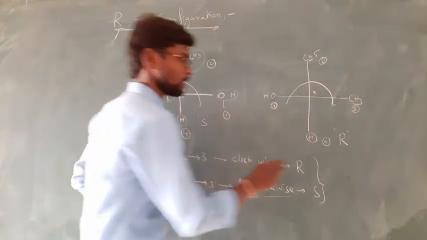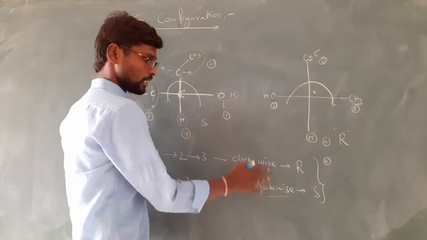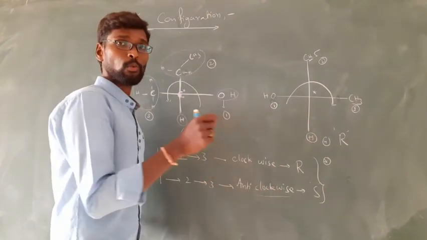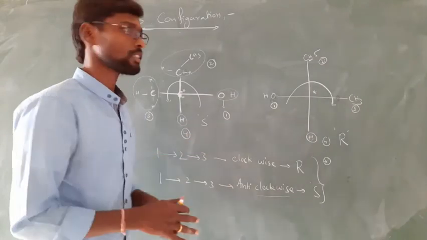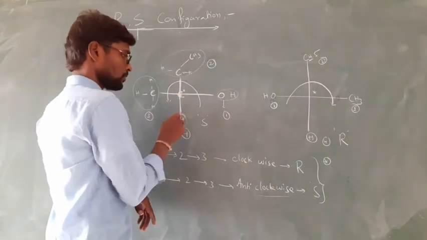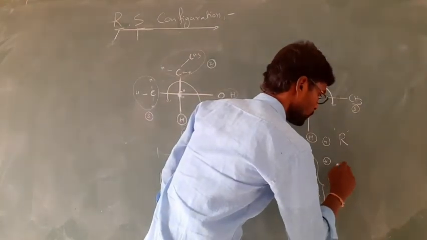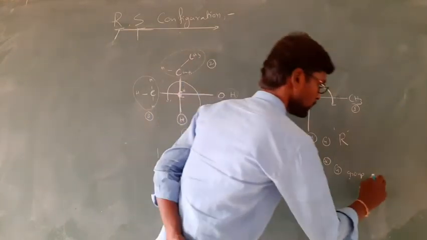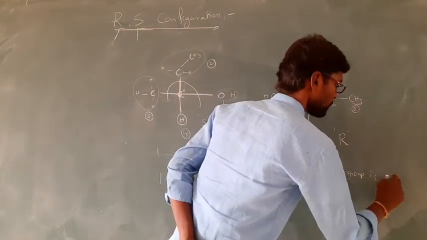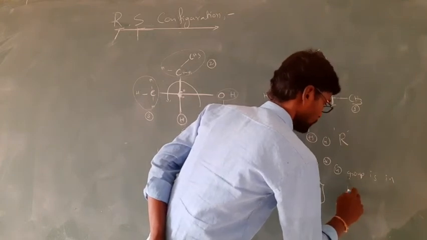Here one condition is there. The condition is what here? These are the two possibilities when the hydrogen is in a downward direction, that means in an axial position, right? So the hydrogen, the fourth priority group, is on the downside.